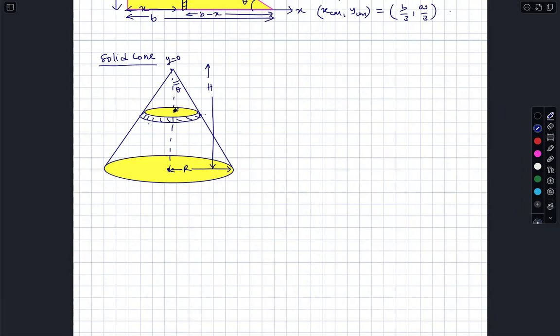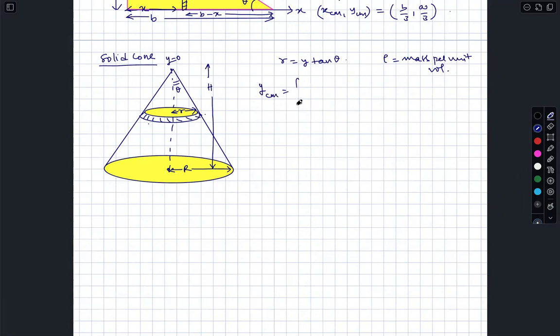Like for example, what is the radius of this disk? R is y tan theta. Radius is y tan theta. So rho stands for mass per unit volume. So what is the location of center of mass?